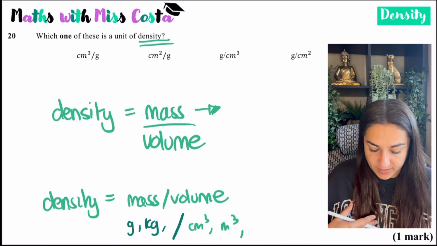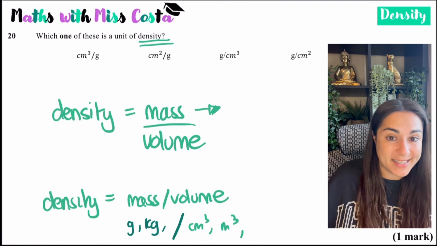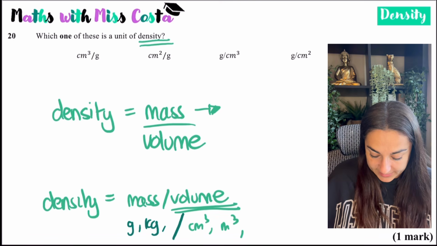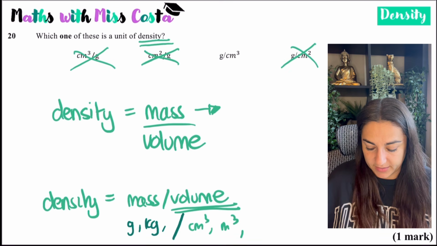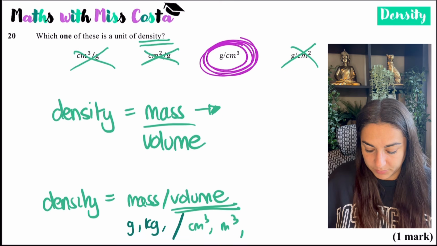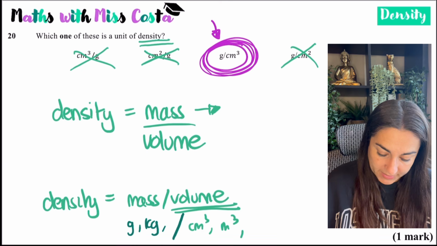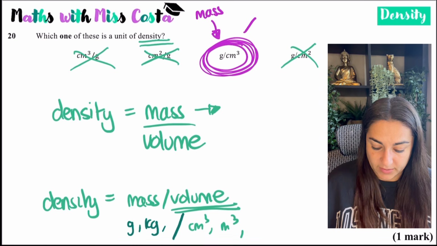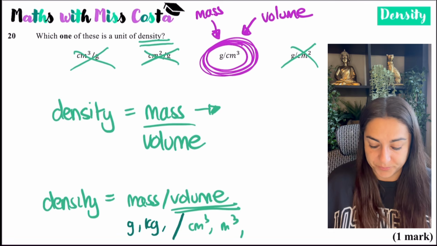So the only thing that could possibly be a representation of density, volume has to be the second part. So that's not volume because that's grams, that's mass, and that's area. So the only possible thing that could be is grams over centimeters cubed, because grams is a unit of mass and centimeters cubed is a unit of volume.